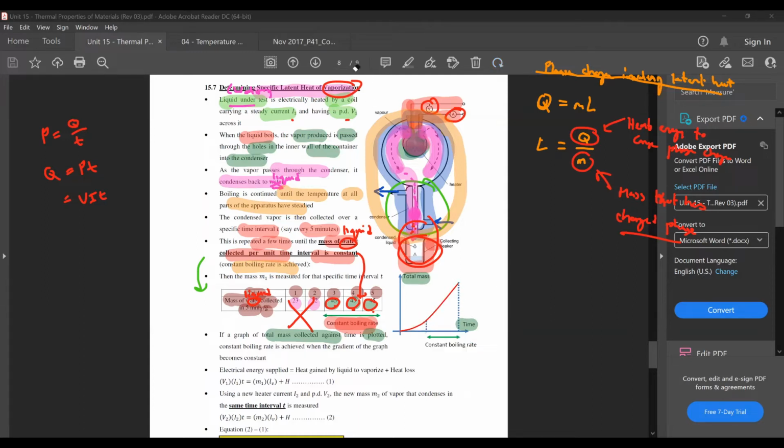If I were to divide your graph into equal time intervals, you will see that my mass is the same per unit time interval.